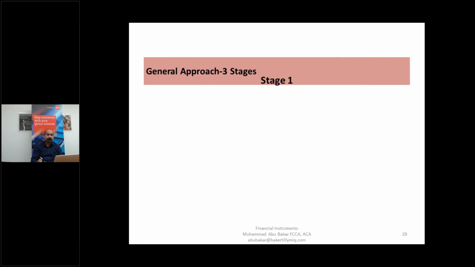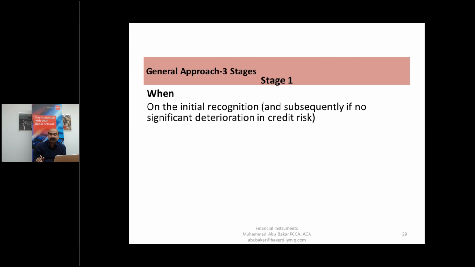What is the general approach? See, the general approach involves 3 stages. At initial recognition, an entity shall estimate the cash flows expected by considering all contractual terms of the financial instrument and estimating reliably the expected life of the financial instrument, compared with the cash flow it expects to receive. If the credit risk of the financial asset is assessed to have increased significantly since the initial recognition, then it enters stage 2 of the model.